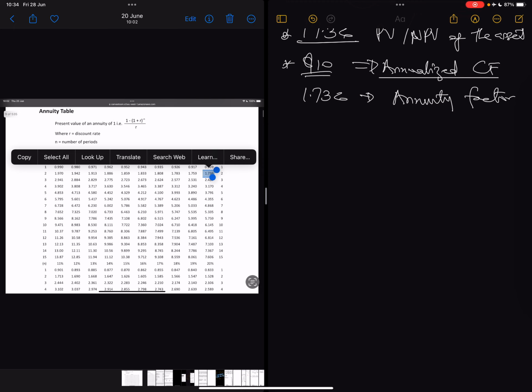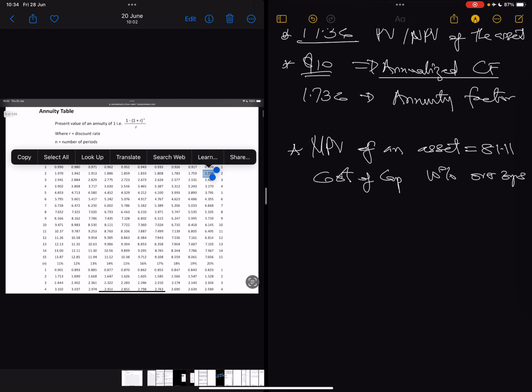So take, for instance, if you have the NPV again of an asset, let's say it is $81.11, and you have a cost of capital of 10%. Let's say over 3 years.